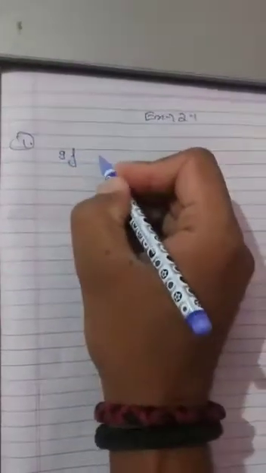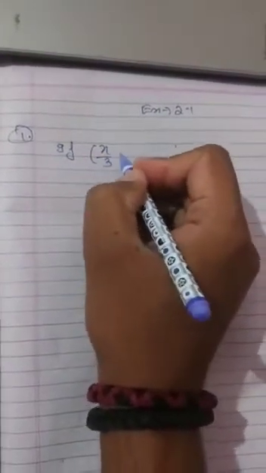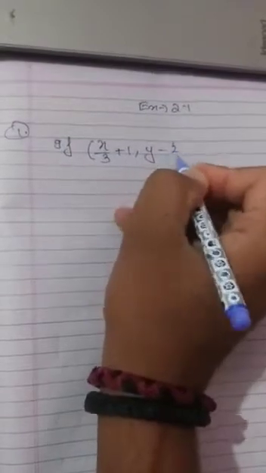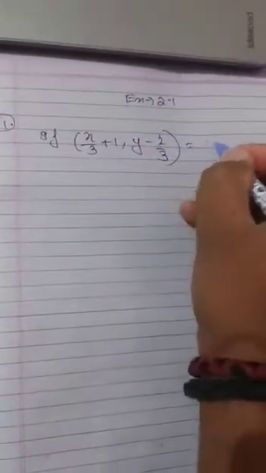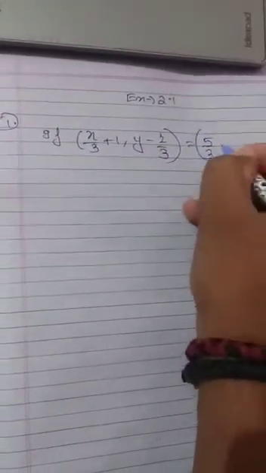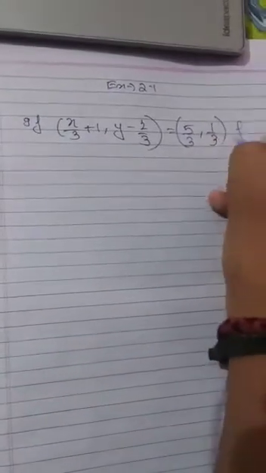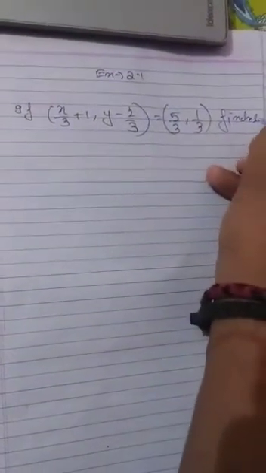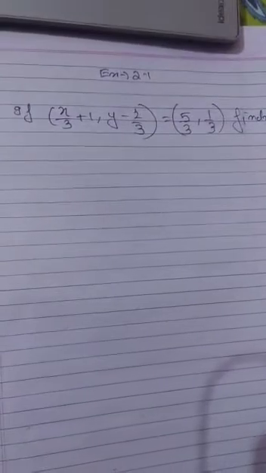Question number first is given as: if (x/3 + 1, y - 2/3) is equal to (5/3, 1/3), find x and y.